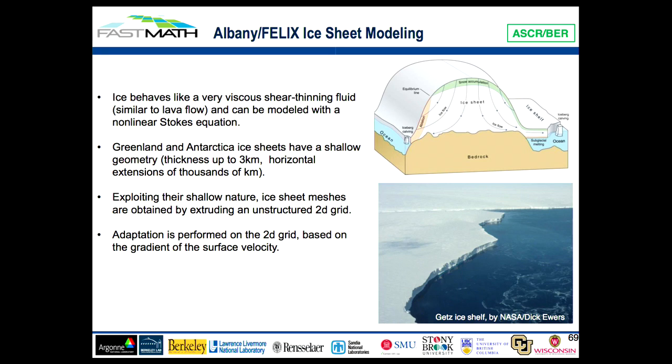So now we step back. I introduced the software, and now we step back a bit and try to look at the physics of the ice sheet problem. On the top right, you see this diagram of a simplified ice sheet. The way it works in a simplified way is that at the center you have snow accumulation, and then the snow will become more compact and will become ice.